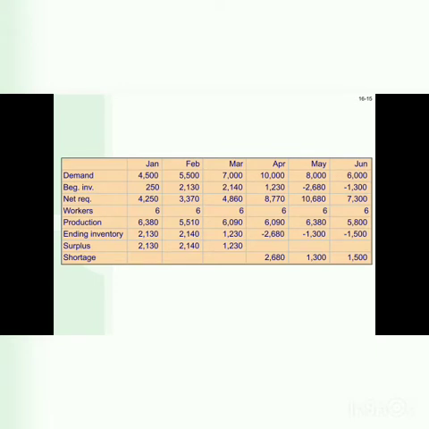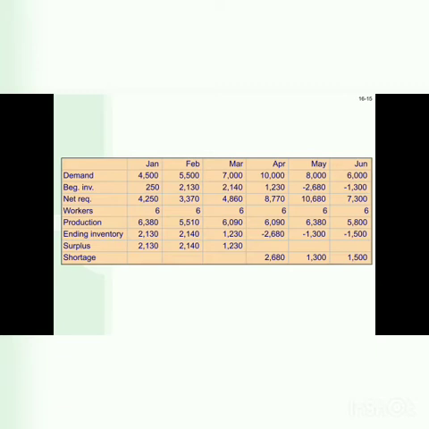So the total requirement, the forecasted demand of 5500, will become 3370, and 6 people will again produce 5510. Production will be done, and the ending inventory will be 2140, because the requirement was 5500 units.